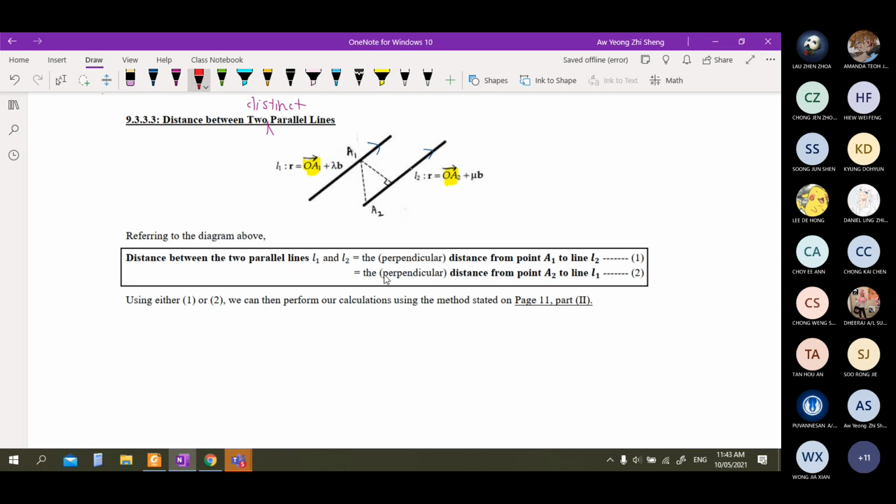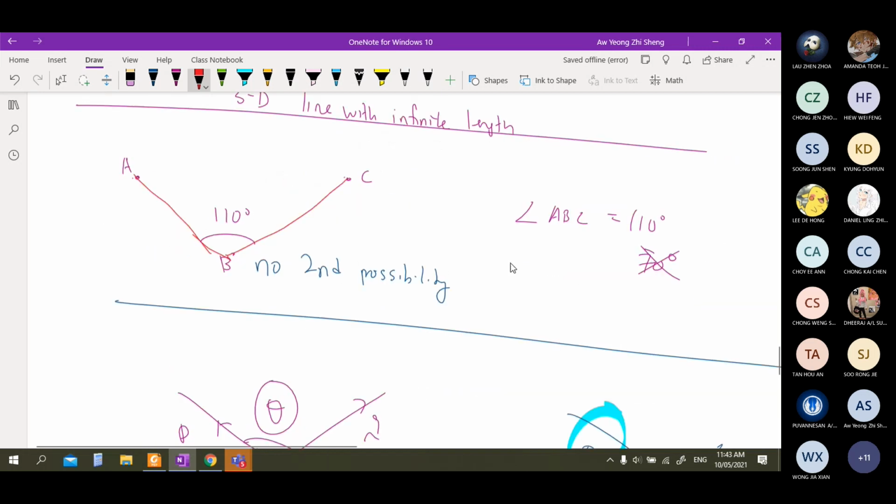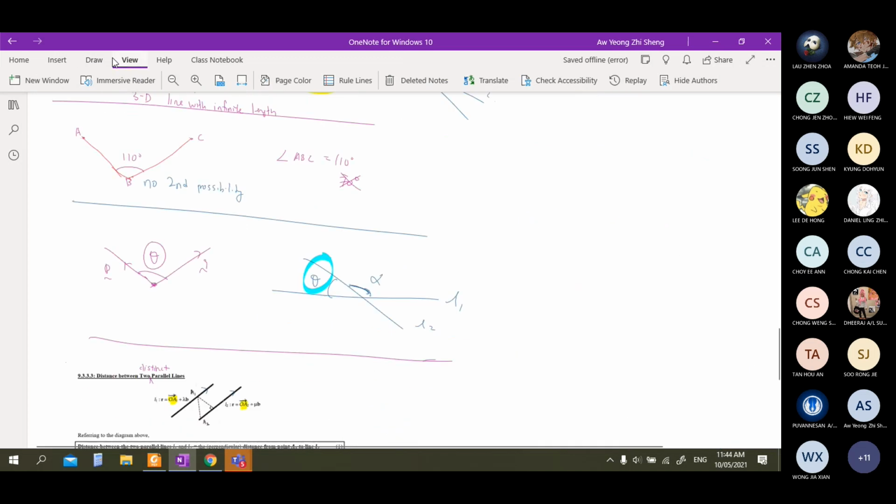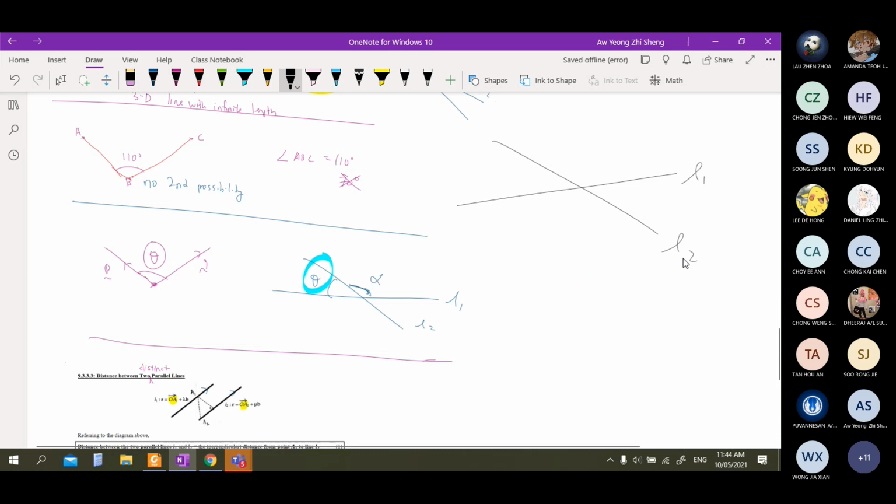To answer Kushagra's question in chat, Kushagra was asking, is there any way we can use cos of 180 minus theta with a modulus equals to cos theta in case you forget the modulus? I don't really get what you're asking there. Like for the case when you are asked to find angle between two lines, and let's say you are given L1 and L2, and after your computation, let's say you first let theta be the angle between L1 and L2.